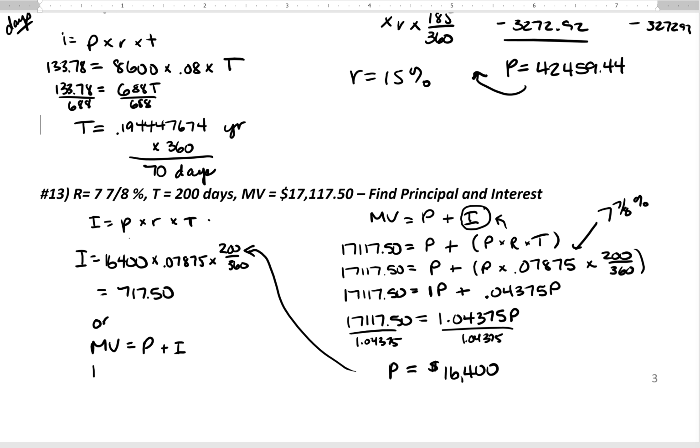So if I rearrange that, interest is equal to maturity value minus principal. And I know maturity value is 17,117.50 given, and I solve for principal is 16,400, and I get 717.50 for interest. So again, just like with the last chapters, you can sometimes solve things different ways and end up at that same place.